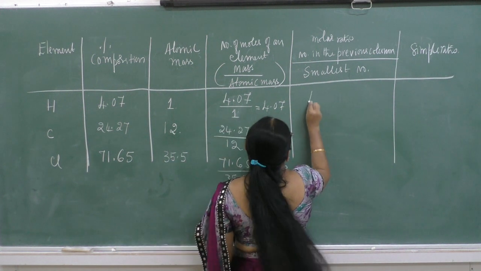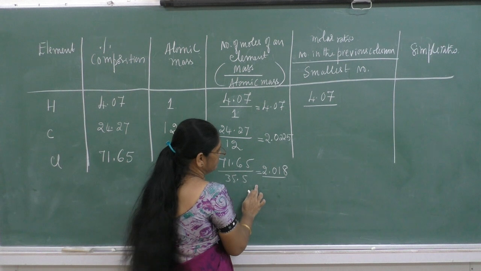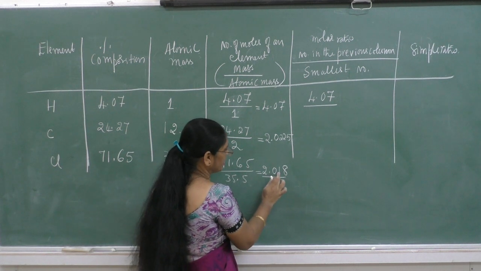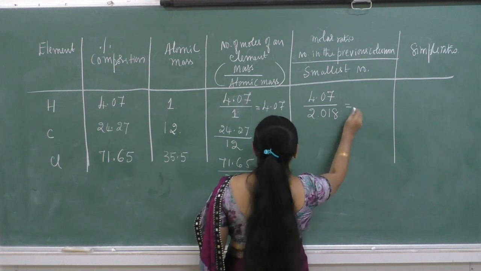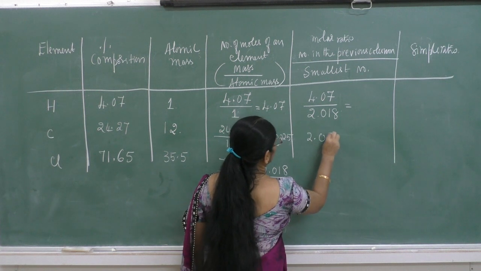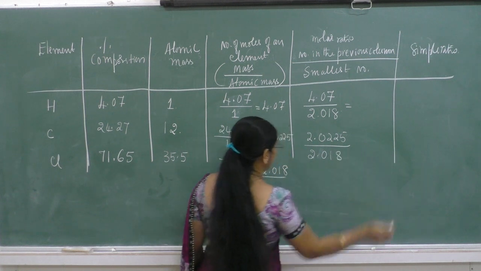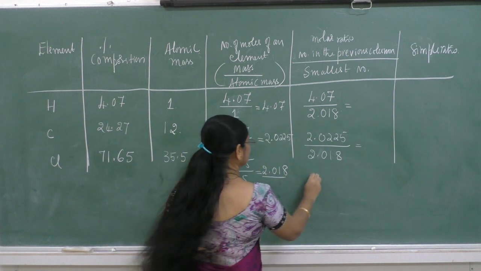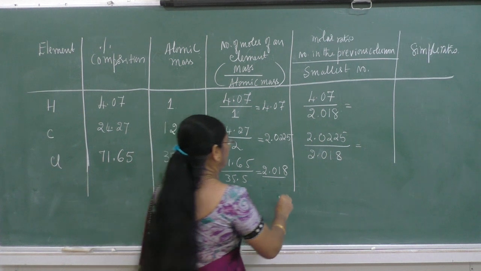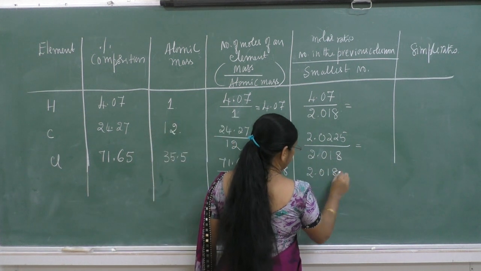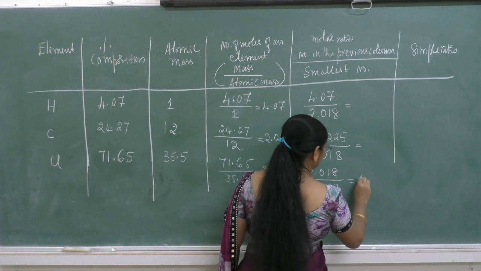Therefore 4.07 divided by 2.018, then 2.0225 divided by 2.018, and lastly 2.018 divided by 2.018, which is equal to 1.